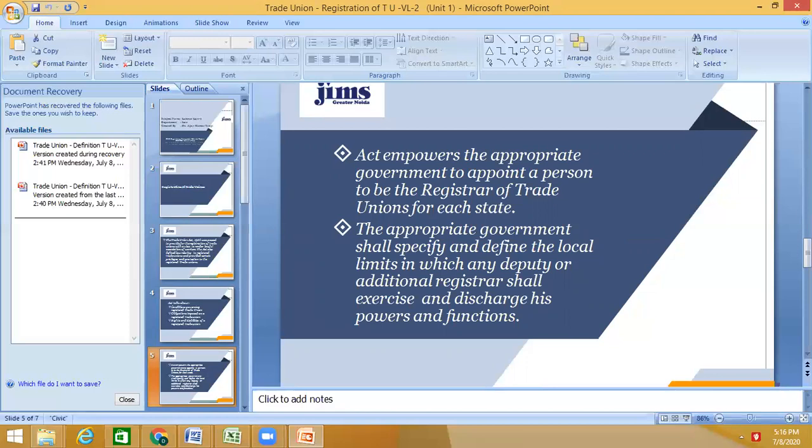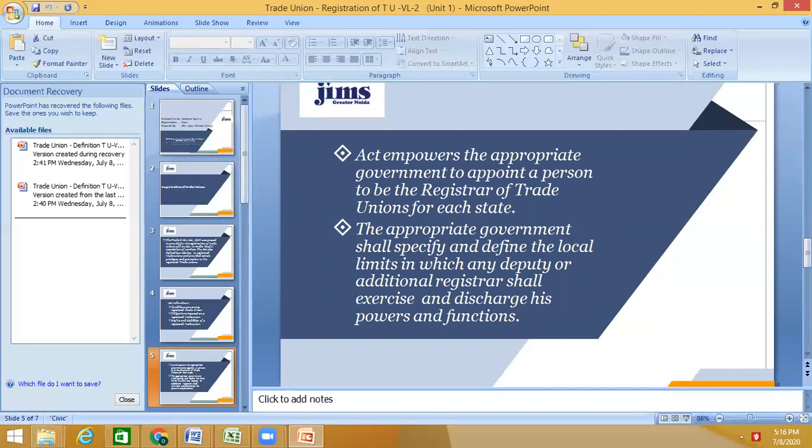And the appropriate government shall specify and define the local limits in which any deputy or additional registrar shall exercise and discharge his powers and functions.